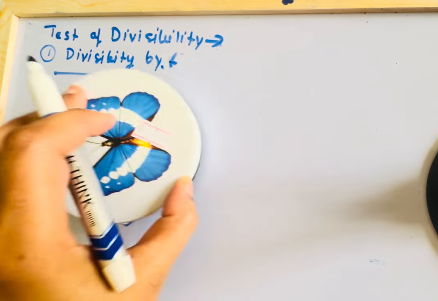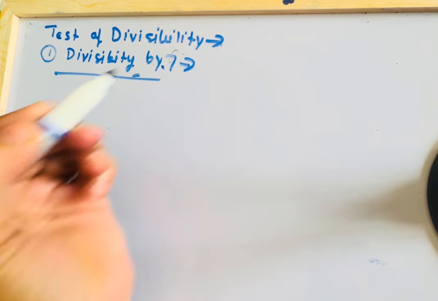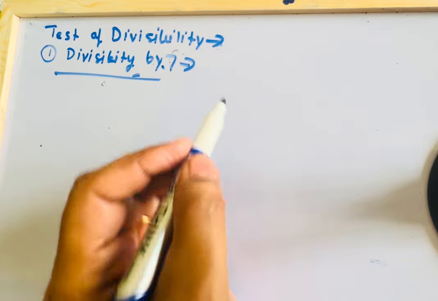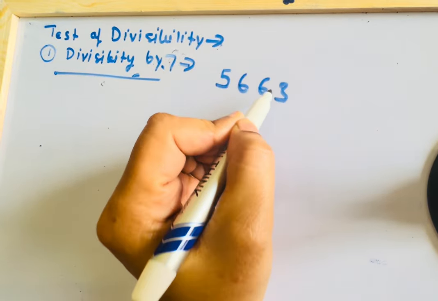Now, if any number is given, you want to check whether that number is divisible by 7 or not. See, for example, 5,663. How to check?